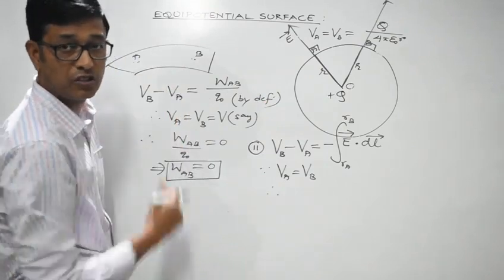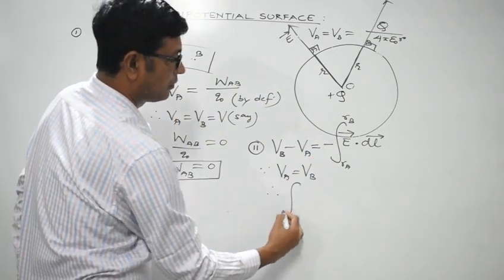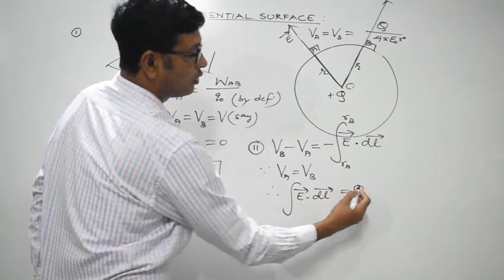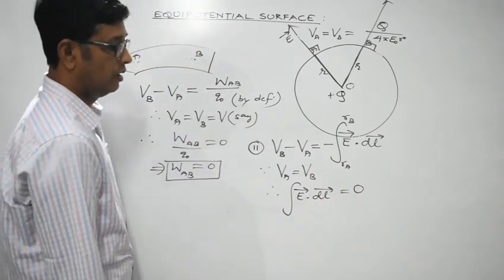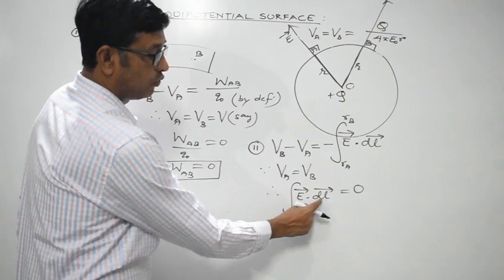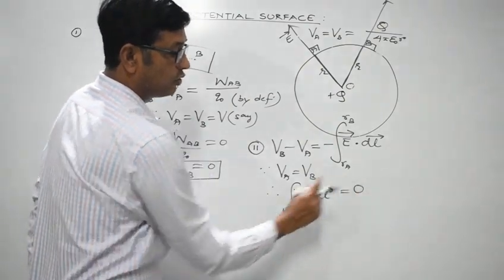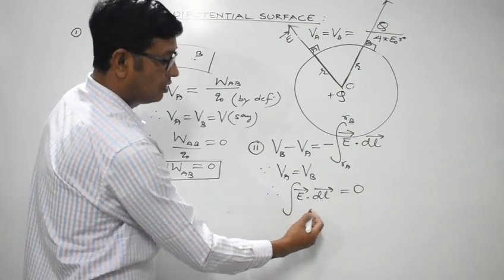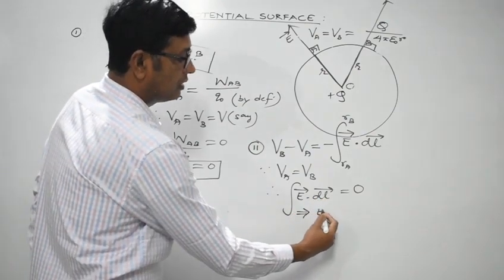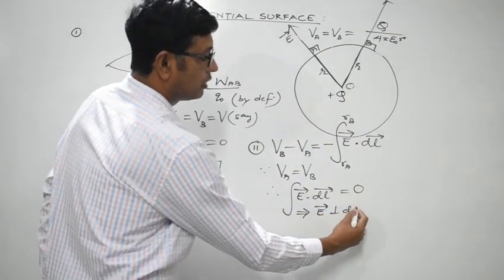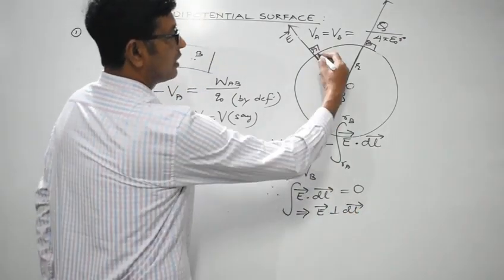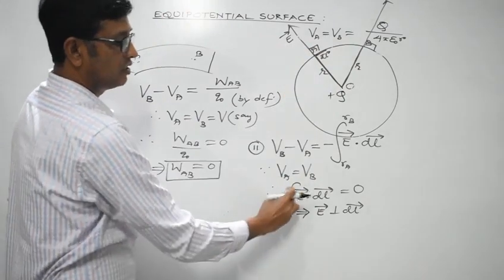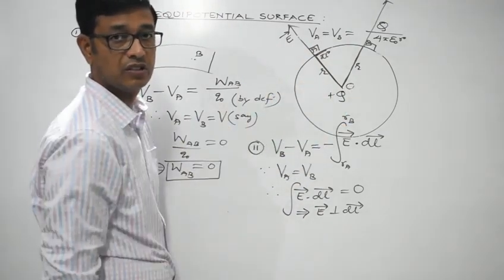This being an equipotential surface, therefore we get E vector dot dl vector is equal to 0. Now the scalar product of these 2 vectors which are non-zero is equal to 0. It is feasible only when these 2 are perpendicular to each other, which simply implies that E vector is perpendicular to dl vector. Dl vector is somewhere over here, between the 2 points where the charge is to be moved on an equipotential surface.